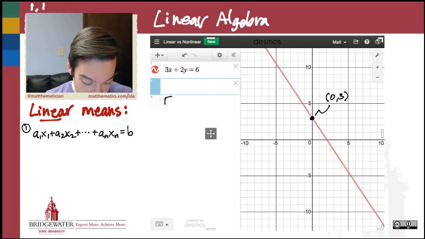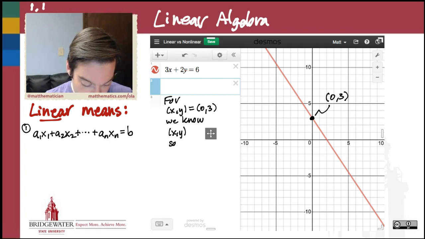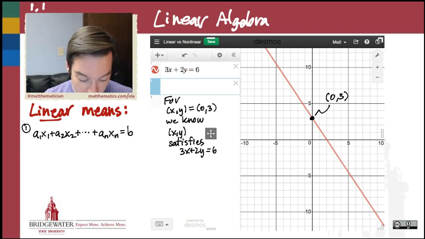I'm going to say for x, y equals 0, 3, we know that x and y satisfies the equation that defines this red line, 3x plus 2y equals 6. And so for the moment at least, I'm going to put my focus on 0, 3 and other points like it that solve this equation.